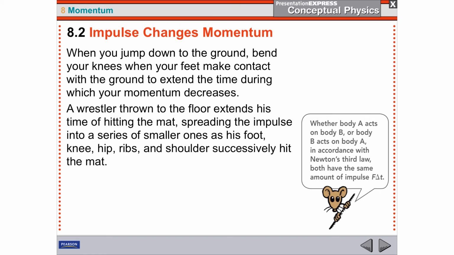As you extend the time, you're reducing the force, because the momentum is going to be the same. The momentum is equal to the impulse. The impulse is force times time. So the higher the time, the less the force. Force and time are inversely proportional. As one goes up, the other is going to go down, and you'll have less damage on your legs.